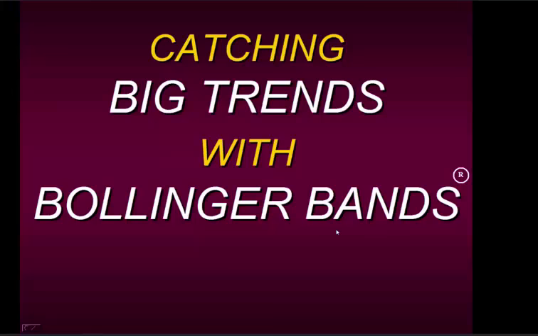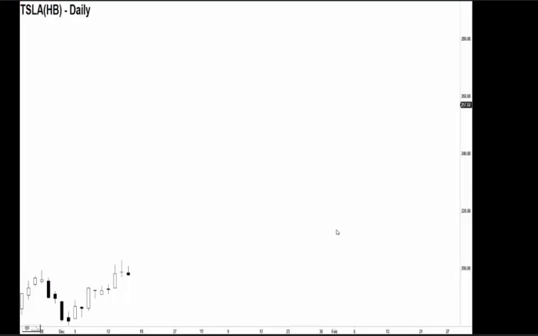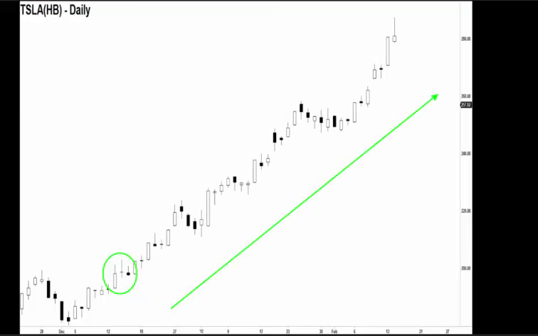Now, I'd like to start out by sharing with you an example here. If we look at this chart example in Tesla, at the end of the year, December, we see just this small amount of price chart here. With what I'm going to be sharing with you today, you could have been able to enter long into Tesla well before, just by looking at these three bars right here. And this would have been your setup to go long, and then hopefully you would have been able to ride most of this nice move to the upside.